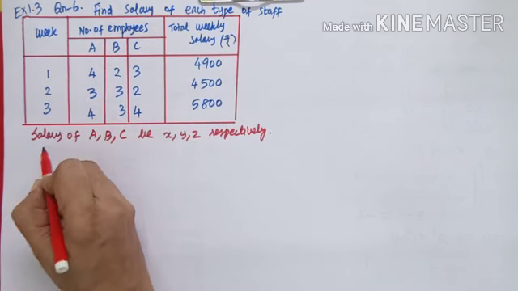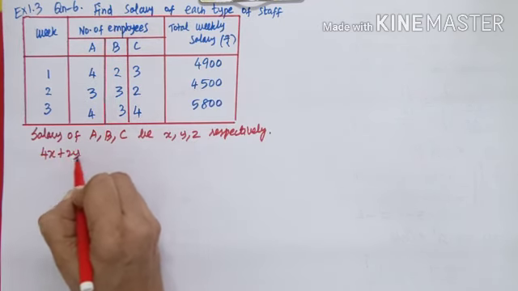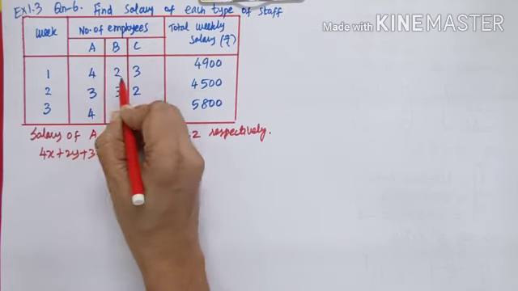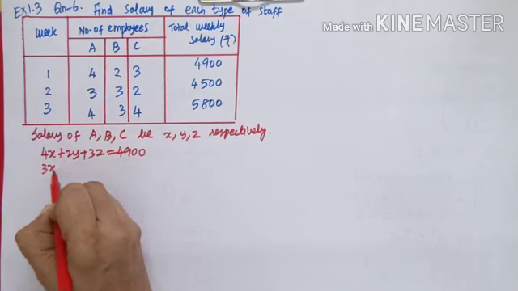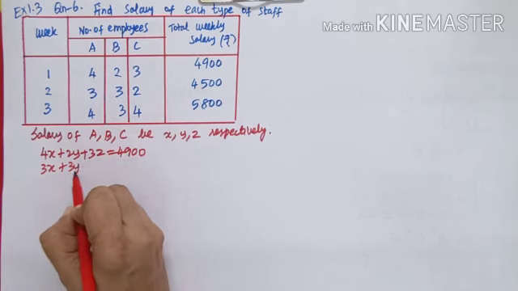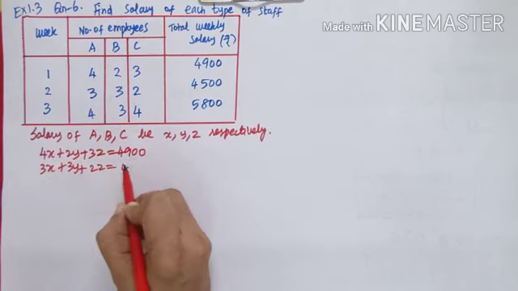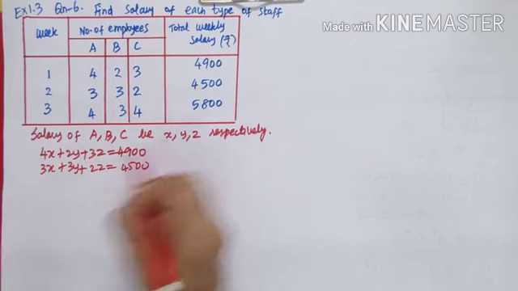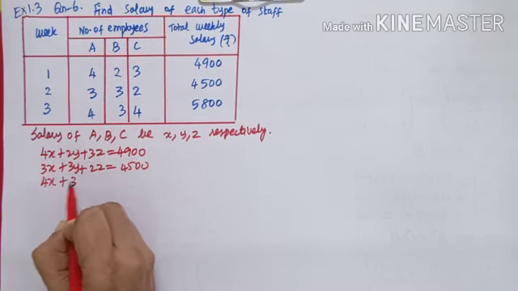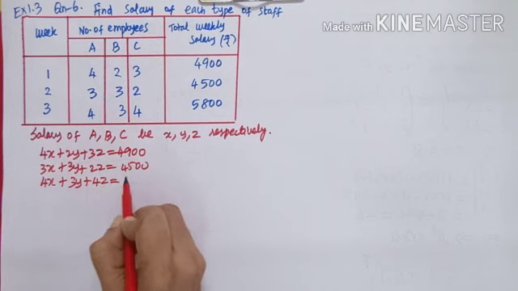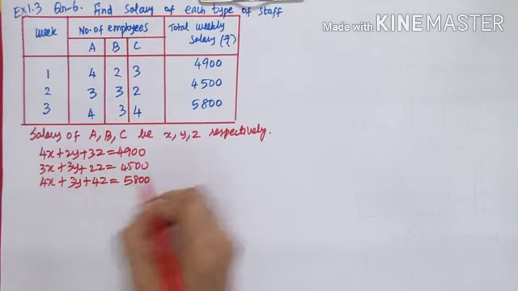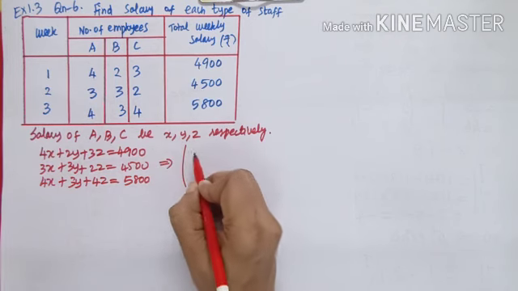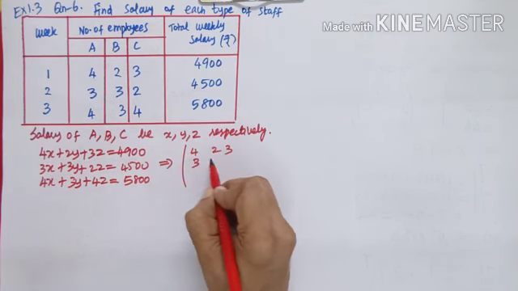So read the equation. It is 4X plus 2Y plus 3Z equals 4,900. 3X plus 3Y plus 2Z equals 4,500. And the third equation, 4X plus 3Y plus 4Z equals 5,800. In Ax equal to B form, we write 4, 2, 3, 3, 3, 2.